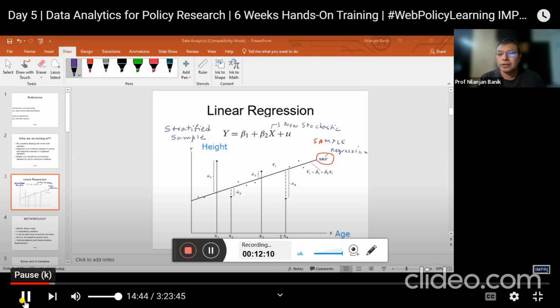So when I am saying that x is fixed in repeated samples, there are two things which are happening. I'm not changing x1 being 10, x2 being 15, x3 being 17, and x4 being 20. So that is fixed whether I'm collecting this data, let's say, from Hyderabad, or from Bangalore, or from Calcutta, or from Delhi. So let me repeat, x is fixed in repeated samples means I am actually fixing the age, which in this case are 10 years, 15 years, 17 years, and 20 years. Is that clear?